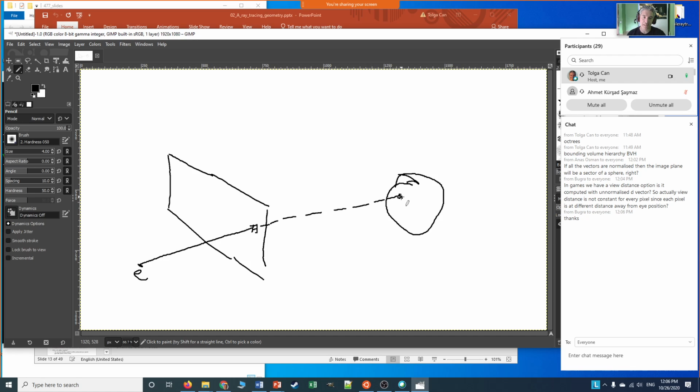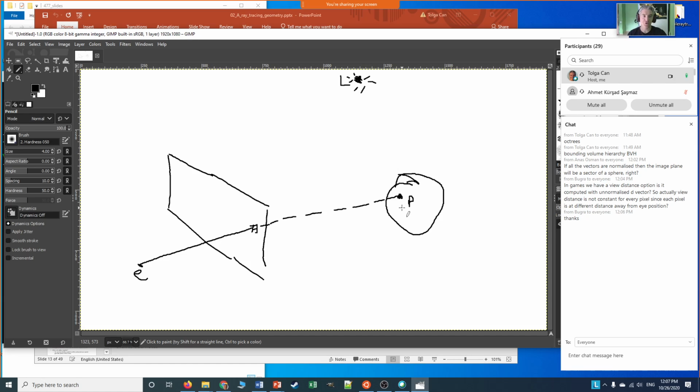I'm going to be seeing this point. Now, there is a light source right here. Let's call this point P, and let's call the light point L. These are points: a point light source here, a point here.